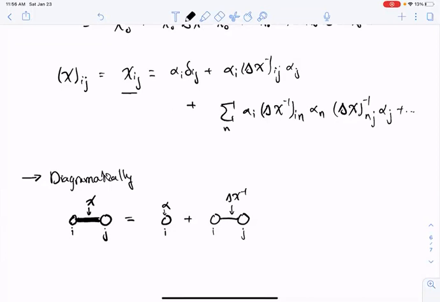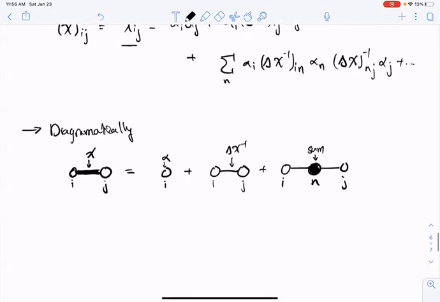That double sum takes an I, small linker, to an N that's being summed over, and connects that to a J.